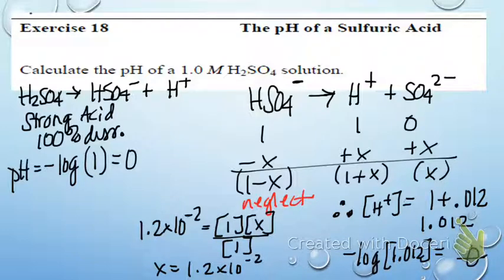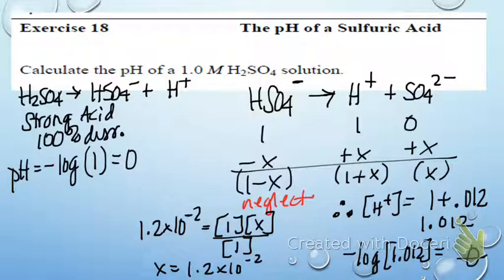Any questions on that one? But an overall technique of working this out, it wouldn't matter whether it's a strong acid or a weak acid, you work it the same. The difference for the strong acid is most of your hydrogen is coming from the first dissociation.